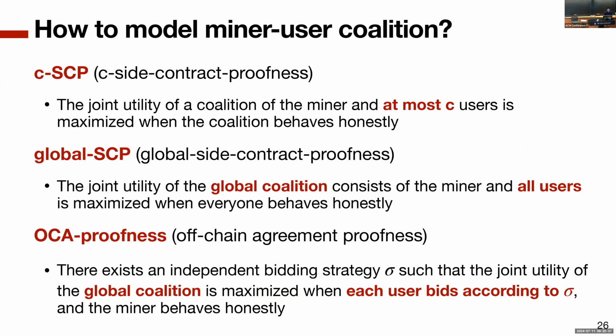And we call this notion OCA proofness. OCA proofness says, if there is a simple bidding strategy, and by simple I mean it should be independent of others' bidding, the global coalition should be happy about the outcome if everyone bids according to sigma. So again, can we have a dream mechanism that satisfies UIC, MIC, and OCA proofness?